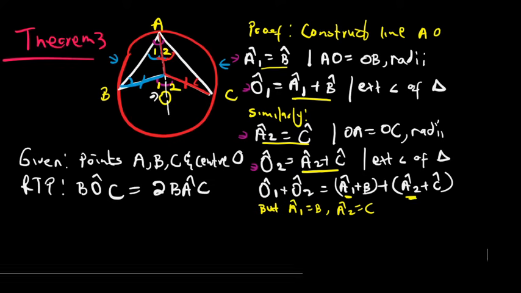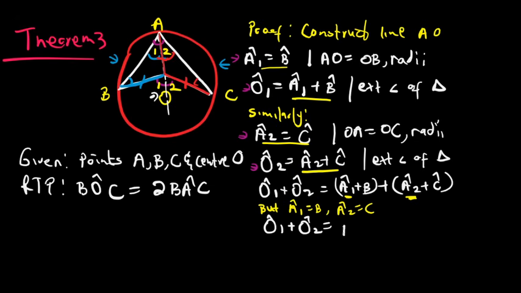So we'll continue to say angle O1 plus angle O2 is equal to, so wherever we see A, we put B. So it's going to be B plus B. Oh no, we have to do the vice versa now, because we're trying to prove for A, not for B, right?